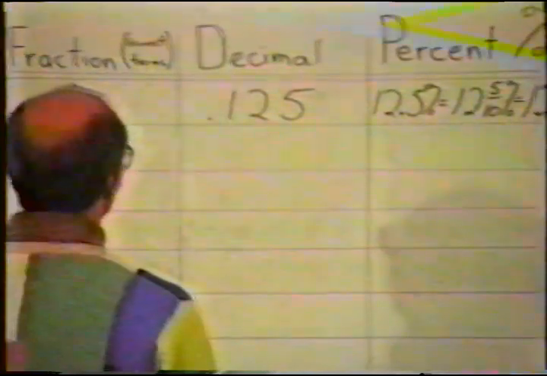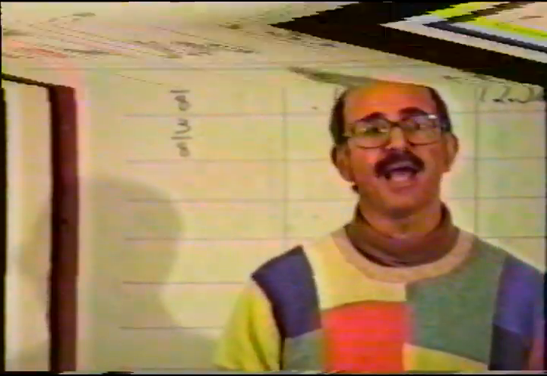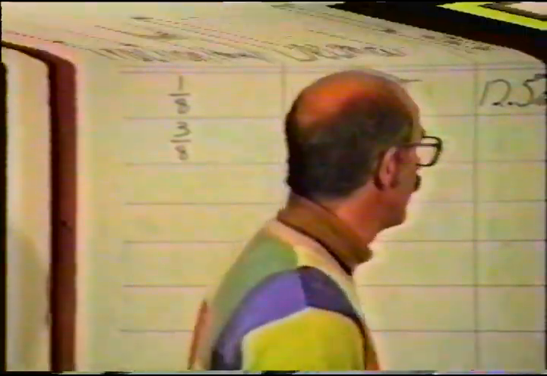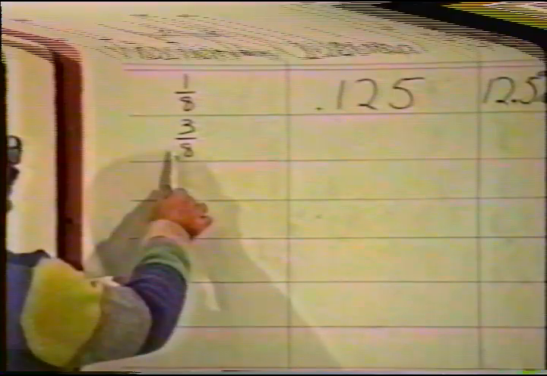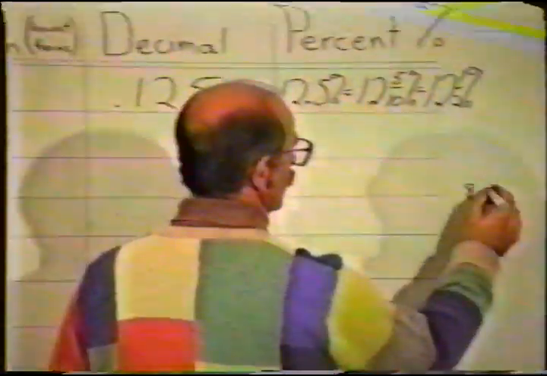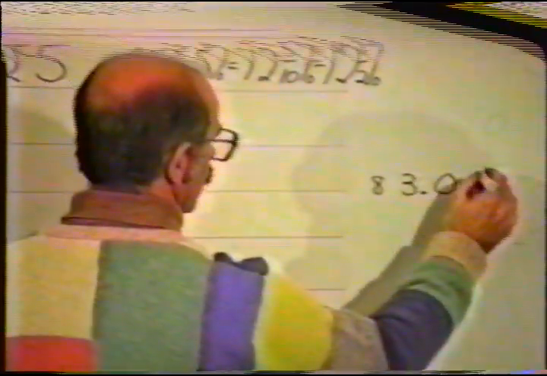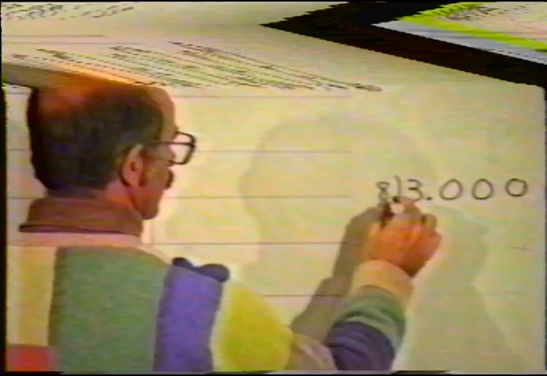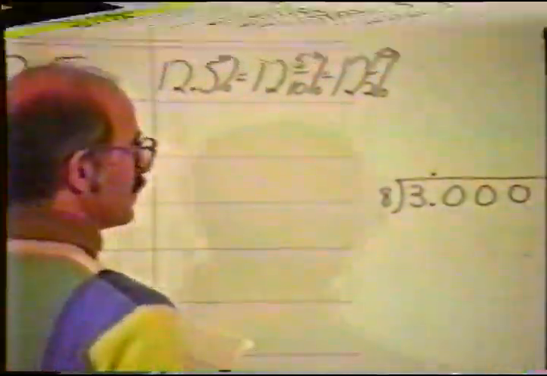But 3/8 is one you're going to have to work out now with me, and then you're going to have to memorize it. Again, we are going to have to divide the bottom into the top. 8 into 3.000. Just like the other, it's going to come out evenly in the thousandths place.